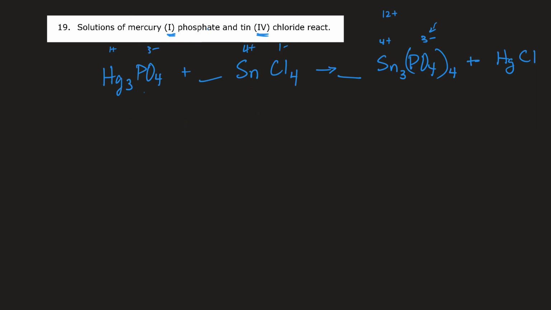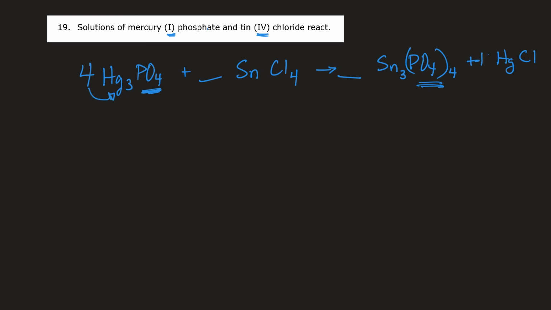Now let's go and balance. So I've balanced the compounds themselves, but now I need to balance the whole chemical reaction. What's off kilter? That phosphate seems a little funny. There's 4 phosphates there and there's only 1 there. So I should put a 4 in front of that. But then that gives me 12 mercuries.